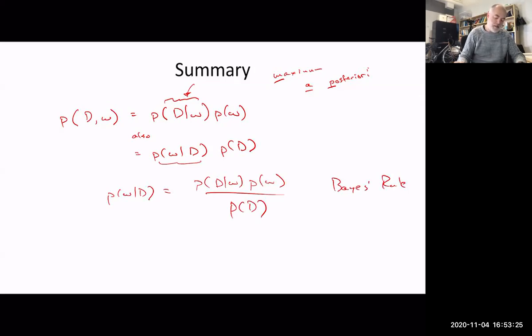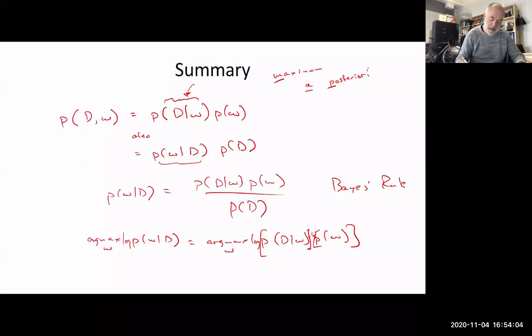If you look at this and you try to do arg max over W of P of W given D, that's arg max over W of P of D given W times P of W. You don't have to worry about the D. You can put a log in here, that's totally fine, and what you're going to see is that this is the same as putting a log here.